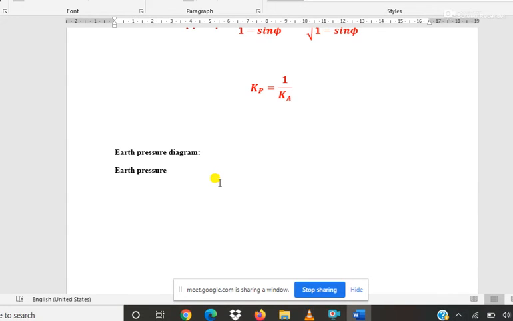We have to plot the different points of earth pressure at different points of the retaining wall or in the soil. The x-axis will represent the values of the lateral earth pressure, and y-axis will represent the height of the retaining wall, or you may say the depth of the soil from zeroth depth, that is the surface.